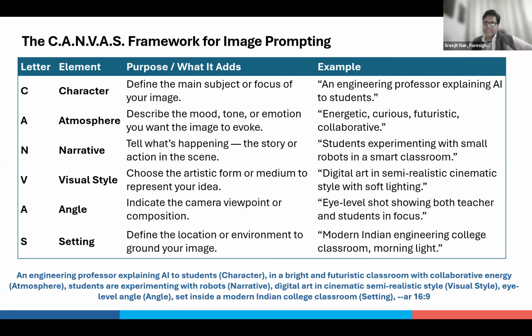What kind of mood is he in? He's energetic, curious, futuristic, collaborative. Then narrative. What's happening? What is the story that you want to capture? It is students experimenting with small robots in a smart classroom, and this teacher is explaining AI to students.